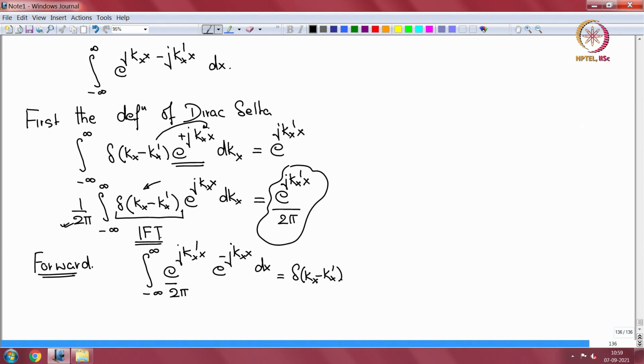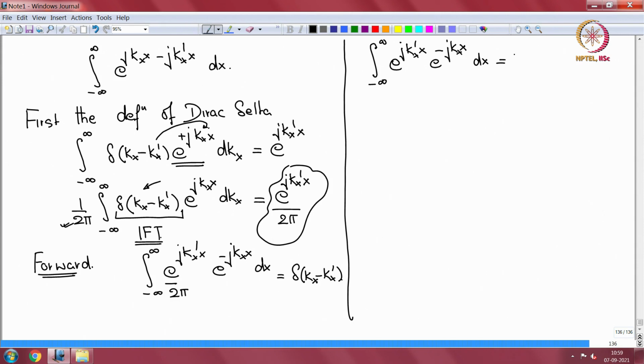Which means what? Which means my integral minus infinity to infinity e to the power j kx dash x e to the power minus j kx x dx will be equal to twice pi delta of kx minus kx dash. So this is what we wanted.